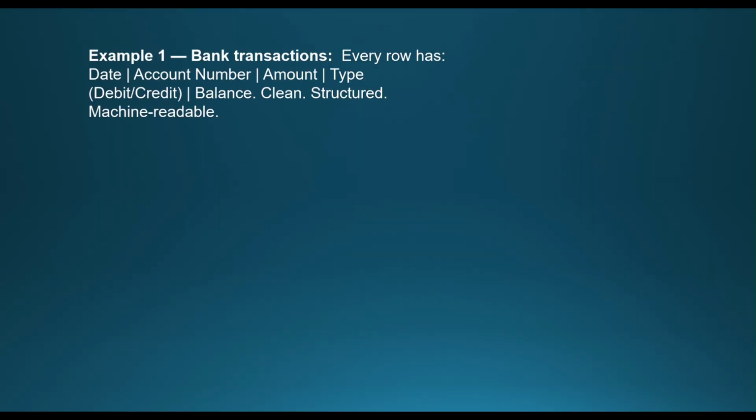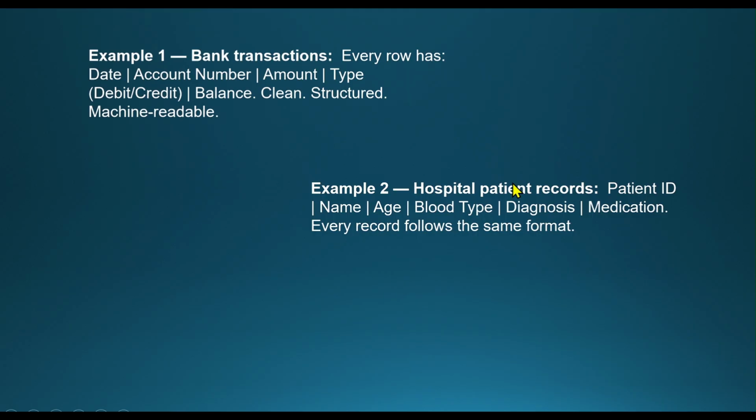Some real world examples: a bank transaction where every row has a date, account number, amount, type, whether it's debit or credit, and balance. So everything is clean and structured. Hospital patient records are another example, where there is a fixed format, right?